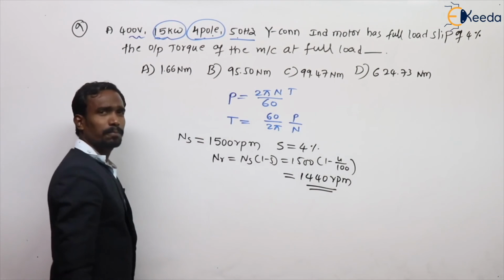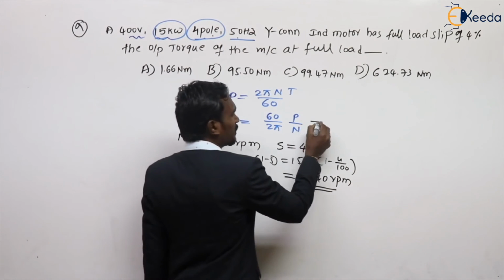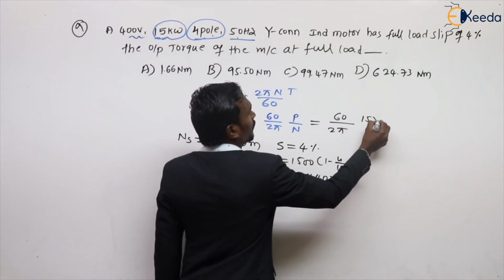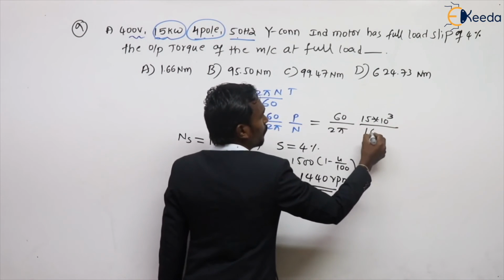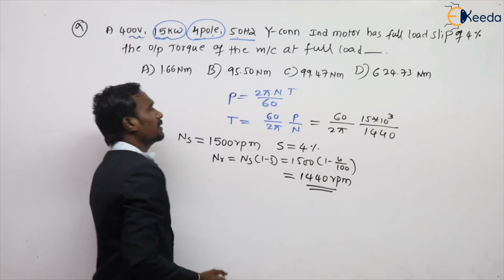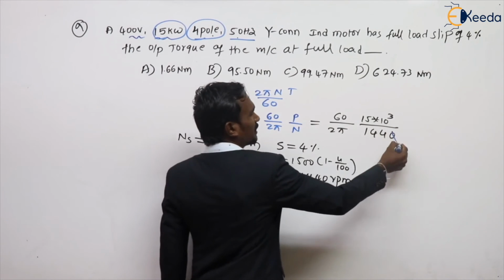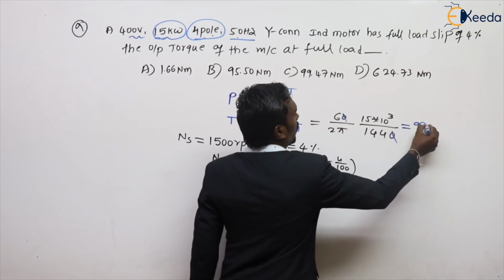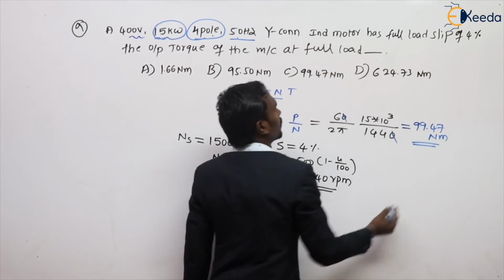1440 is the N, and P is given, so let's substitute here. 60 upon 2 pi, 15,000, they have given 15 kilowatts, upon 1440. If you calculate, you will get the answer around 99.47 Newton meters.